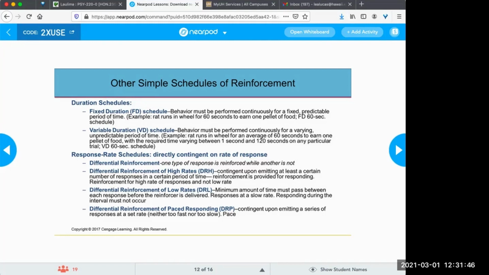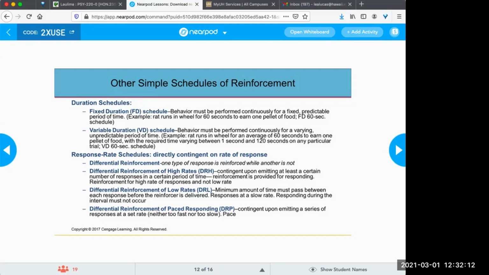A differential reinforcement of high rates, a DRH, is contingent upon responding at least a certain number of responses in a certain period of time. So you have to respond a certain number of times in a certain period of time, and the reinforcement is provided for responding.